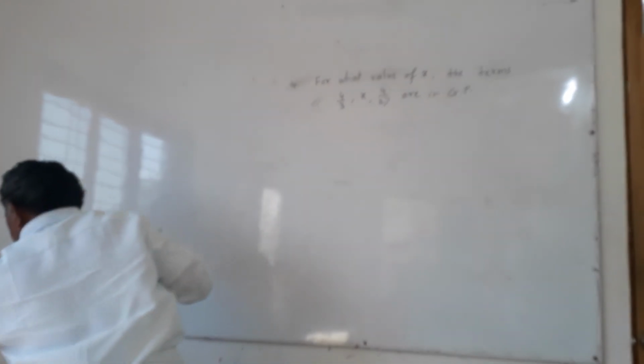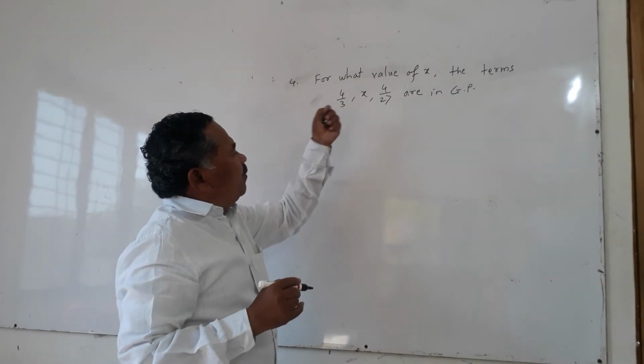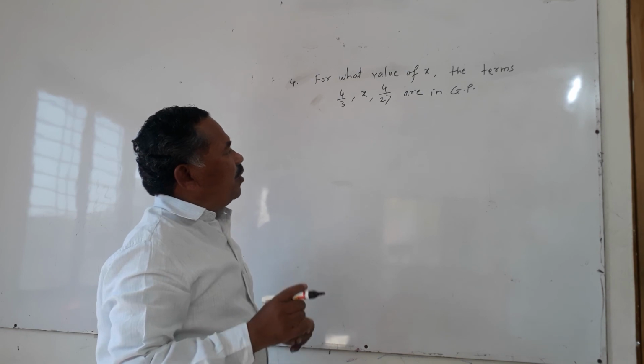GP means geometric progression. That means the value of x we have to obtain. Remember, the value of x we have to obtain.